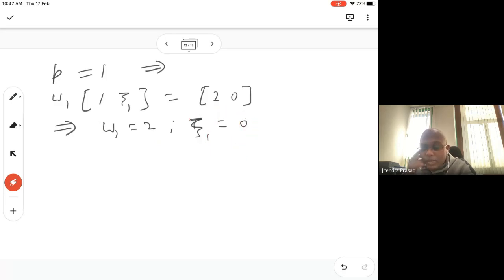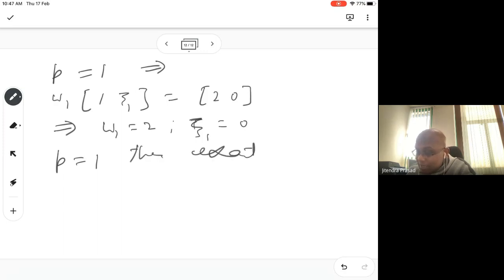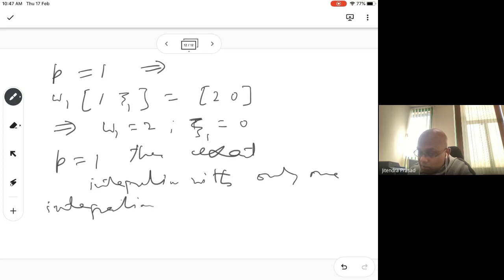So this tells you that if P equal to 1, then we have exact integration with only one integration point.